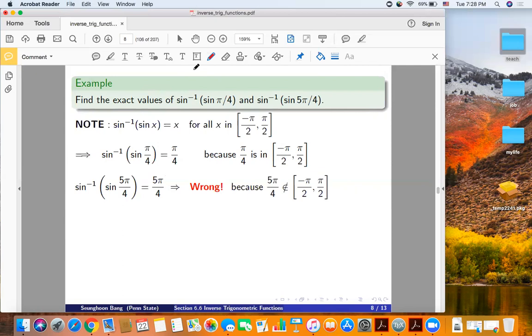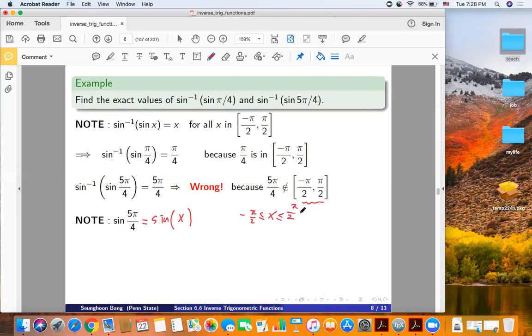So, how can you solve this problem? We can use this idea. You need to find another angle whose sine value is exactly the same as sine 5 pi over 4. This x is in the domain, between negative pi over 2 and pi over 2.